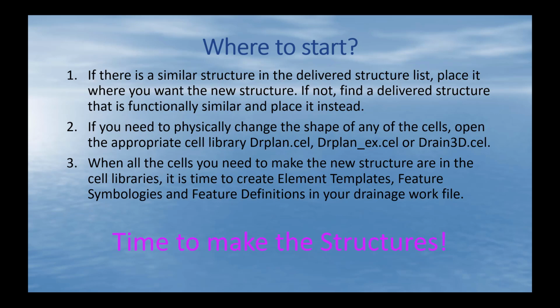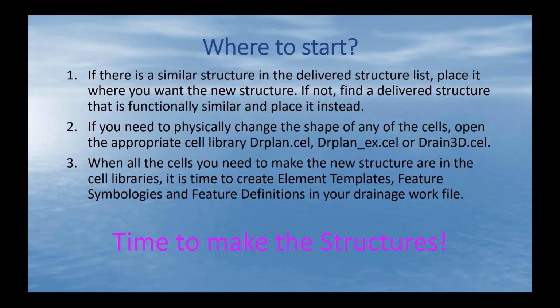So if you have something that's going to be a completely custom structure, meaning that you actually create the top cell and other components from scratch, which is possible, you need to place a structure that would have a similar functionality.